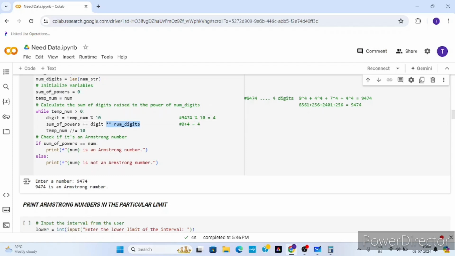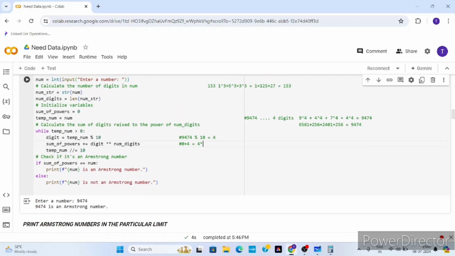Okay. Now I'm going to initialize the variables: sum of powers equal to 0 and temp num equal to num, which is our number, 9474 or 153, anything. Now, if temp num is greater than 0, because if our number is less than 0 we are not able to calculate this.